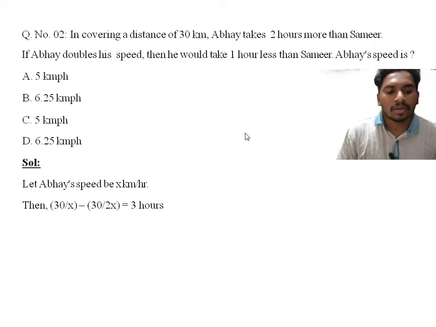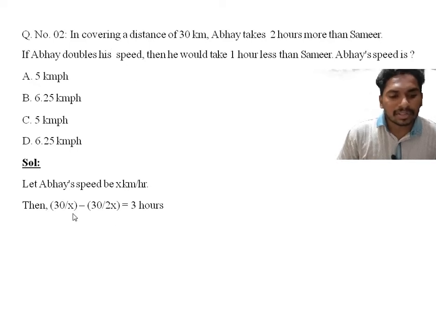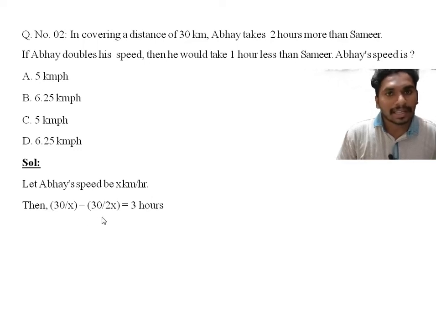Now we have to write this as an expression. In the two cases the distance is the same, that is 30, and in the first case his speed is x, we don't know that, which is why we have denoted it as x.